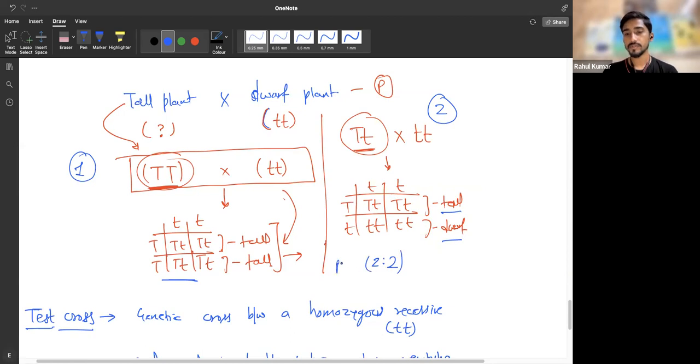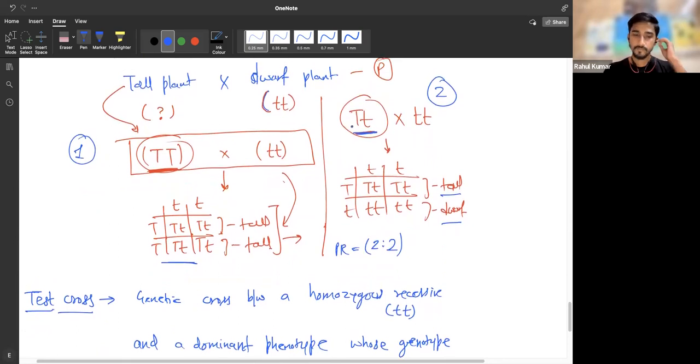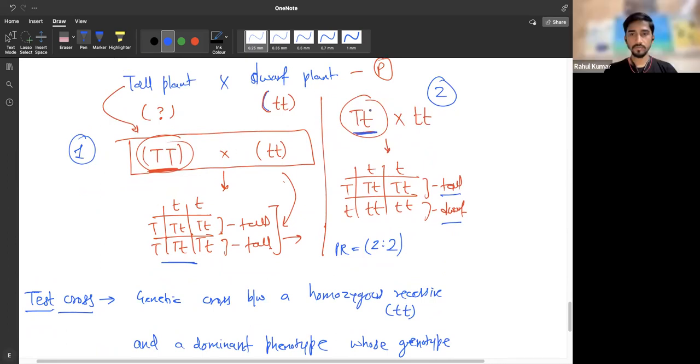Then the dominant parent was heterozygous. Is it clear, everyone? Yes, sir. Please make these two for the two cases, case 1 and case 2. And this is test cross.